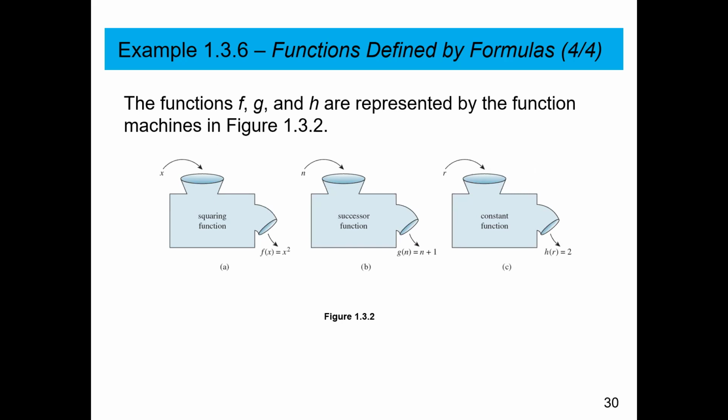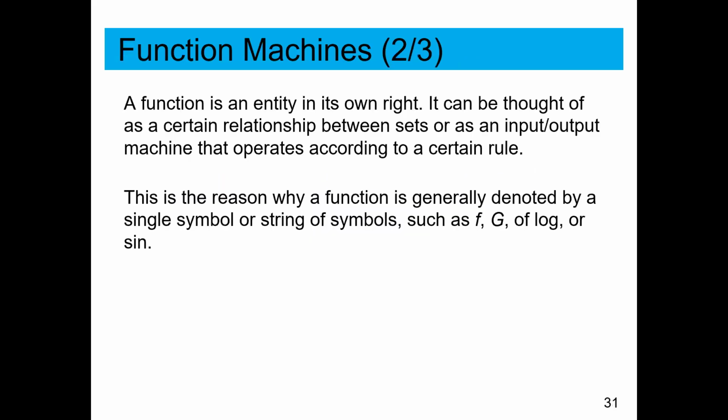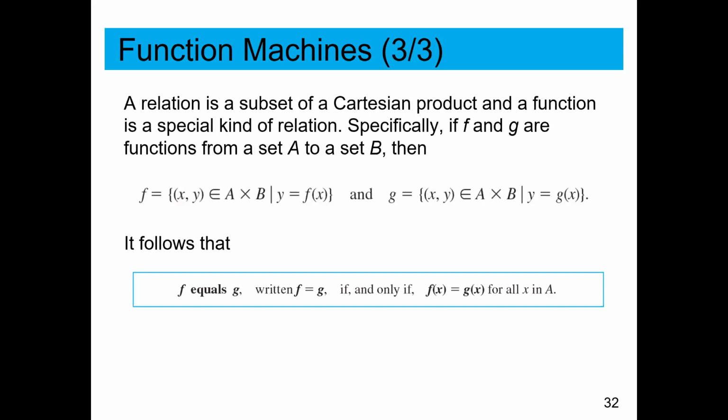Now, we can take those functions and we can link them together one after another. We have all sorts of other things we do. Sometimes we just refer to f in terms of f of x, or big G when referring to the function, as we've already clarified and explained what it is. Now, again, a relation is a subset of the Cartesian product, and a function is a special kind of relation.